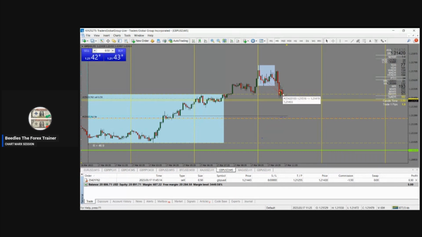But the bears are doing a fantastic job right now, and so we're going to be conservative in this last lot size right here. This should put us over $300 for the day, and again we're gonna close out.